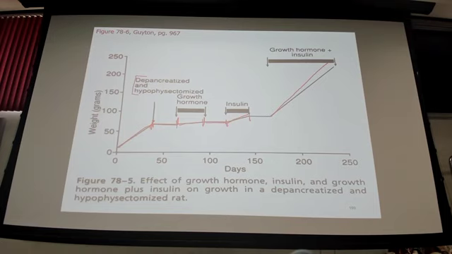Yeah. Glucagon is not sugar. Glucose. Glucose is sugar. Did you have one? So this test, they took the pancreas and the anterior pituitary gland out of the rat. All right.